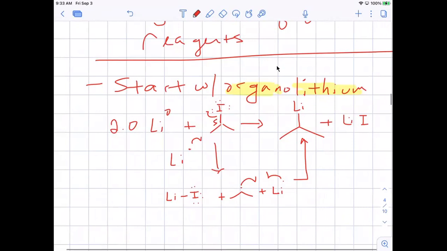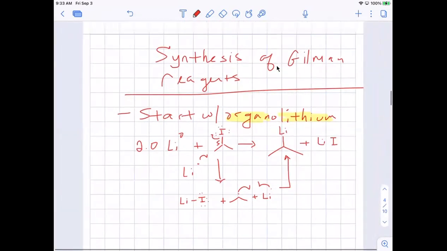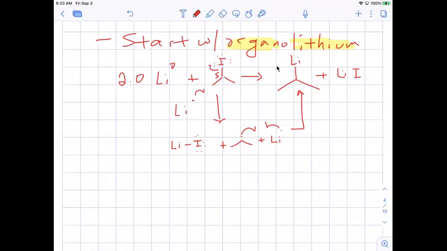All right. So with the organolithium in hand, now I can make my Gilman reagent. To make that, we're going to add the organolithium to copper iodide.